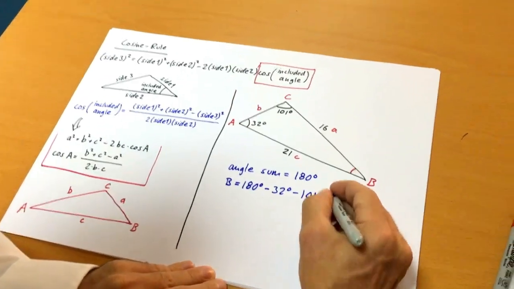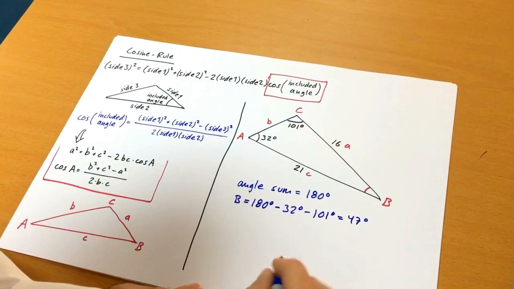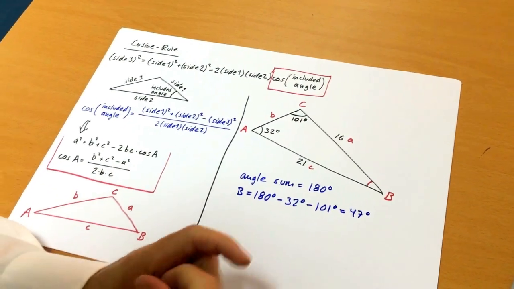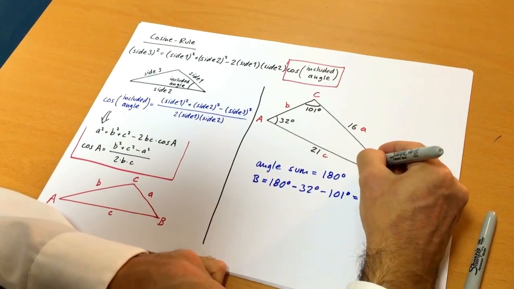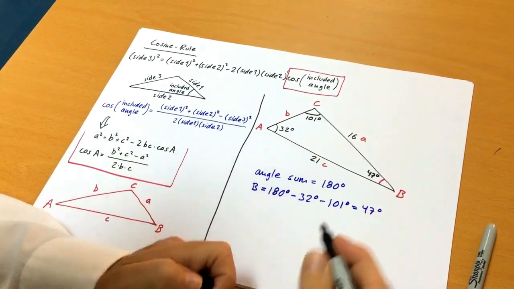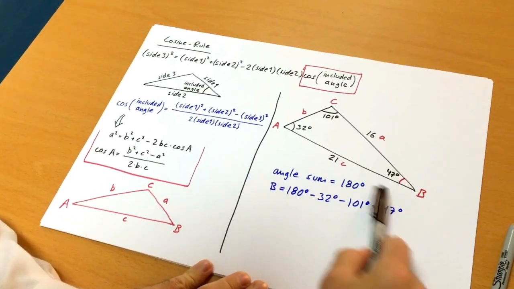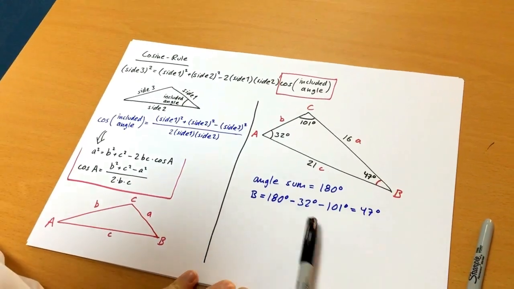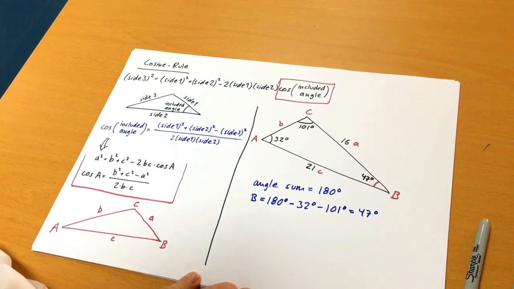And this will turn out to be 47 degrees. So I didn't need my cosine rule for the size of the angle B. I just know that it's 47 degrees. I am putting this in here just to show that you can sometimes use simple solutions, like grade 7, grade 8 type solutions, even to problems that occur in grade 10.